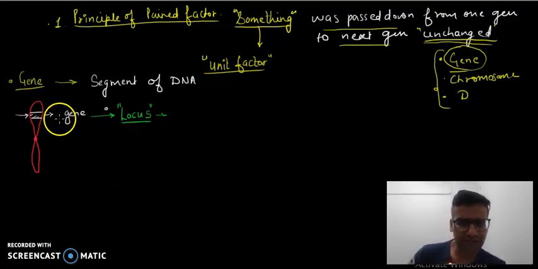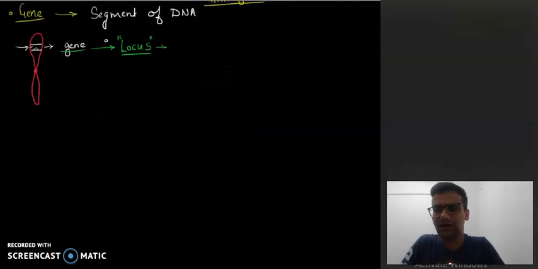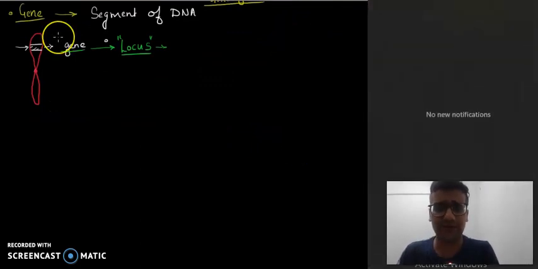Now from this word gene, we will study the concept of dominance and the concept of recessiveness. We will deep dive into dominance and recessiveness in this concept only, and how genes are related to these phenomena.